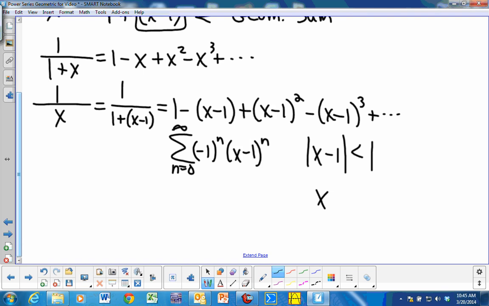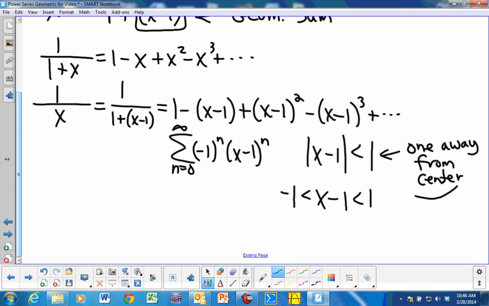But that means when is x minus 1 between 1 and negative 1. In other words, another way to think about this is I am 1 away from the center, which here happens to be 1. So that means I'm going to be between 0 and 2.